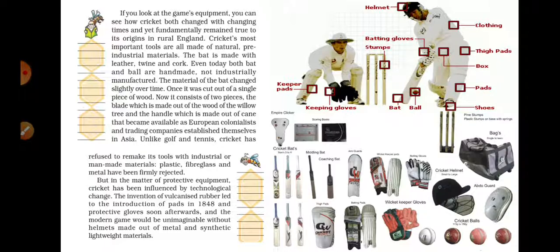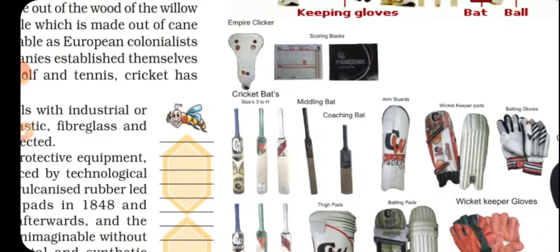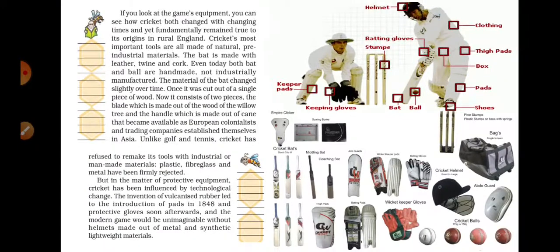And this blade is made from the willow tree, and the handle is made of leather, twine, and cork. The ball is also handmade. The stitches that you have seen are still done by hand.